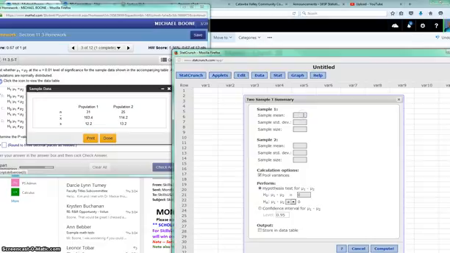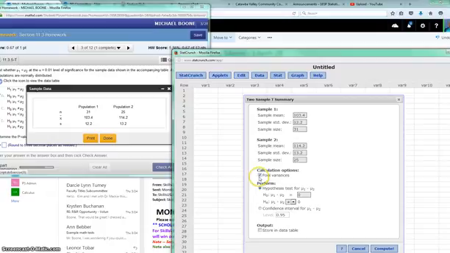Let's type in our mean, our standard deviation, and our sample size, and then mean, standard deviation, and sample size.